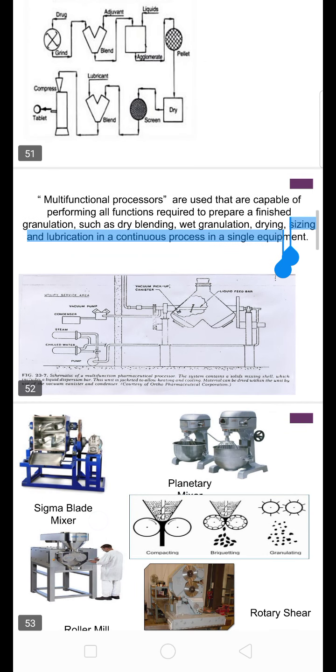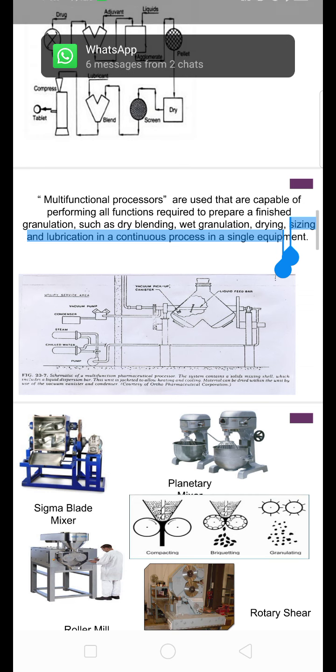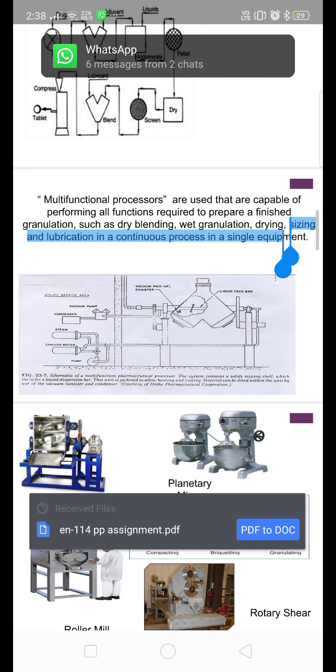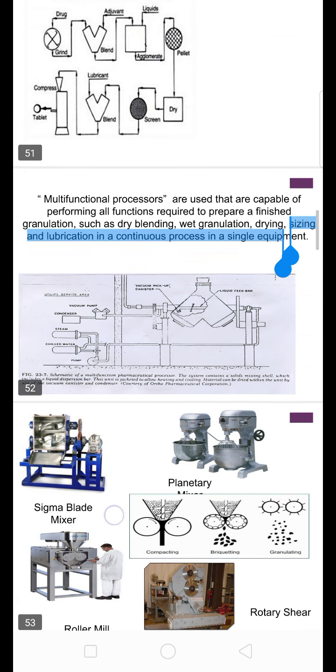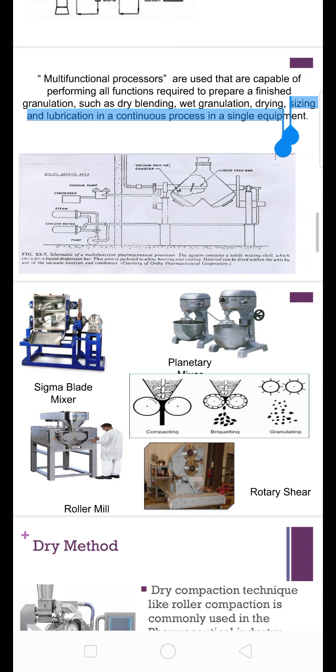It is a multifunctional process which uses many performable functions to convert your granules into tablet, like blending, wet granulation, drying, sizing, lubrication, all taking place in a single equipment.